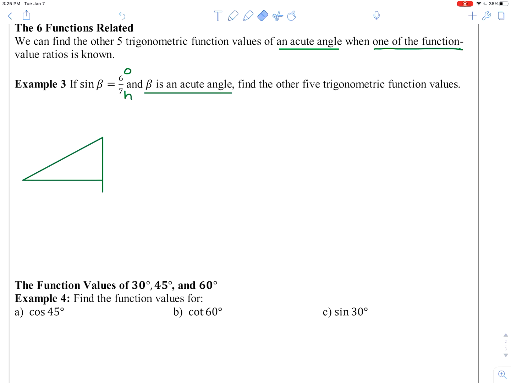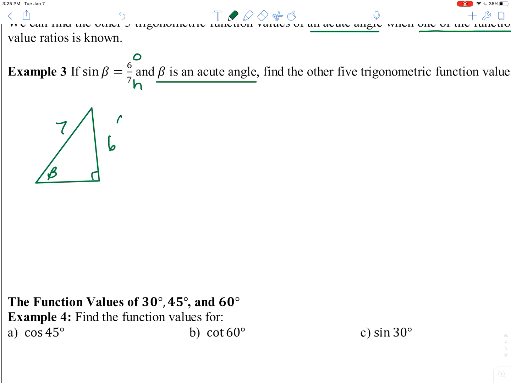I don't think I did a very good job. Let me fix this up with a deeper angle here. Yeah, that's more like 6 and 7. And here's angle beta. Okay, and so that's my opposite of beta. Here's my hypotenuse.